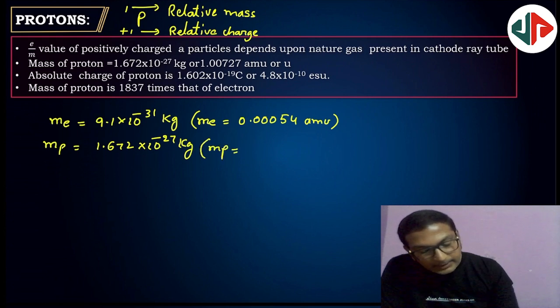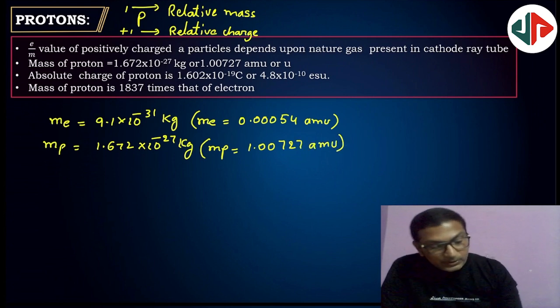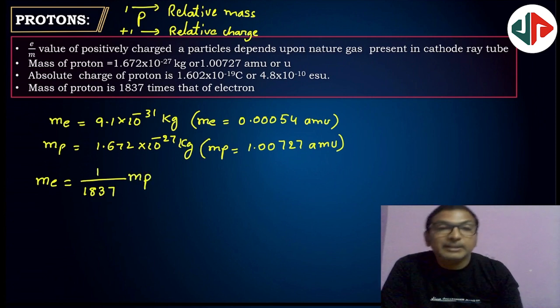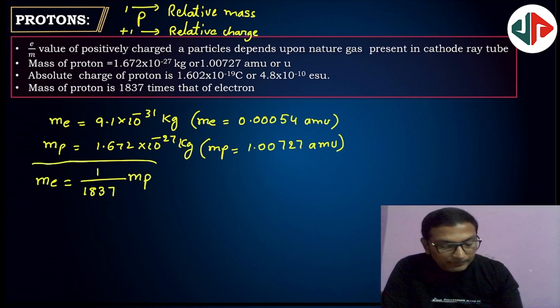Mass of proton in AMU is 1.00727 AMU. Relation between these two: mass of electron is 1 by 1837 of the mass of proton. Remember this relation, very very important.